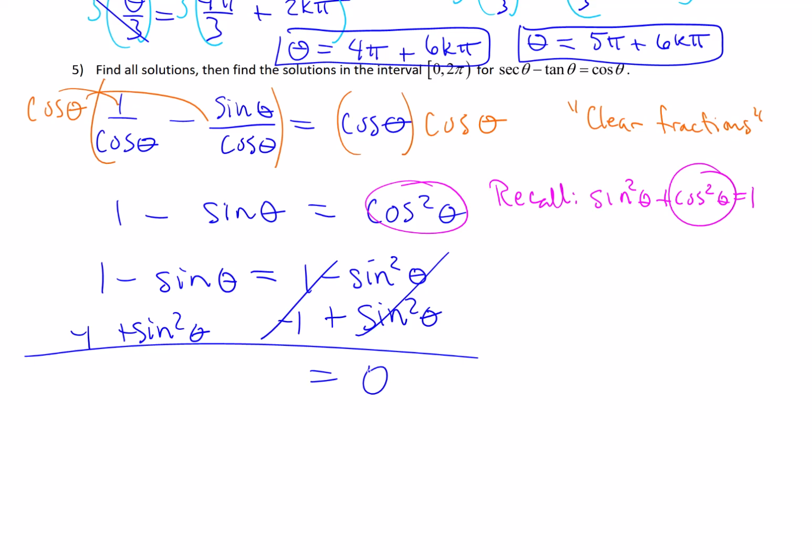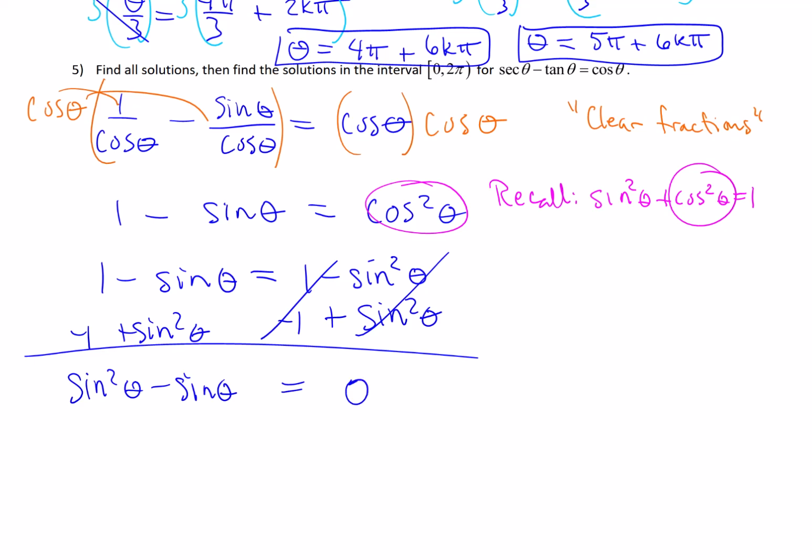The left side will have a sine squared theta that's positive. We'll keep that over there. That's the one we just added over there. Then it will have a minus sine theta that was already there. And then we had a plus 1, minus 1. Those will actually just cancel. So we're looking at sine squared theta minus sine theta equals 0 as our overall equation, or at least as it stands currently.